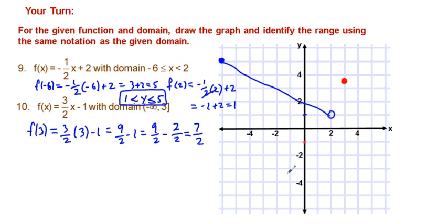So the thing is going to go like this, extending negatively down toward negative infinity. And then as x increases, it goes up and just stops here. So that's where the graph of the function ends. I hope you can see that.